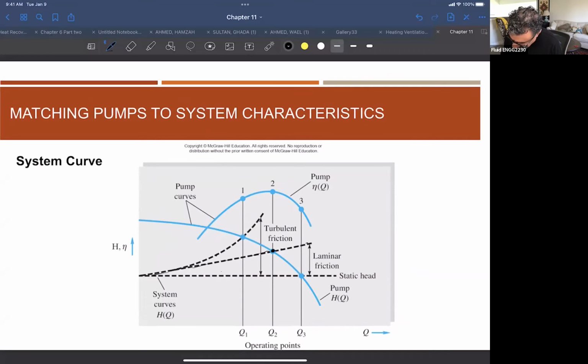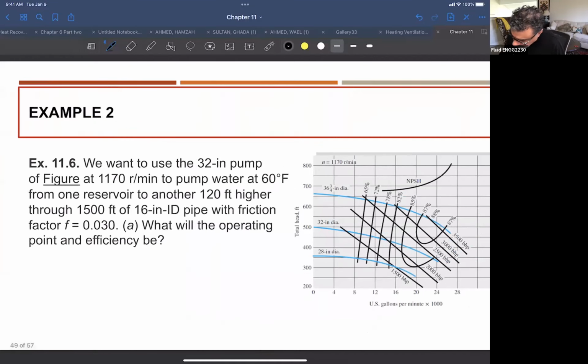You can change the operating point of the system by introducing more losses in the system, like, for example, when we added the valve or closed the valve a little bit. The efficiency curve sometimes is given like this, right? So if you need to find the efficiency here, you just find the efficiency of the pump at this point and so on, okay?